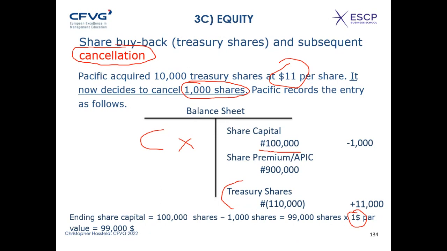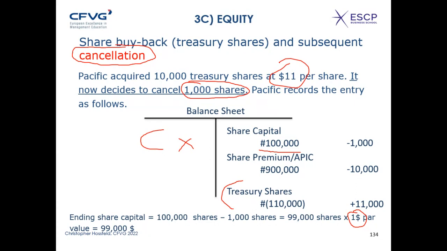If I pay shareholders more than the par value in a share buyback, well, actually, I reimburse a premium. That means here I need to reduce the share premium by 10,000, because I have a premium of 10 euros, the difference between 11 and 1 euros, times 1,000 shares. So therefore, my premium here will decrease. Okay.